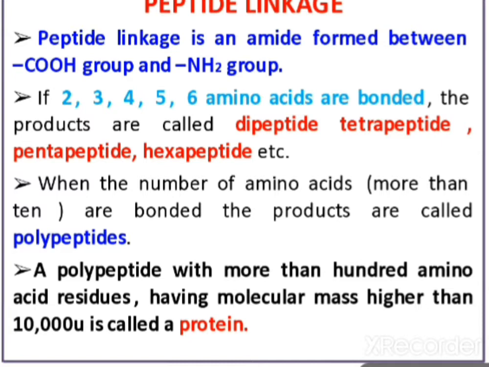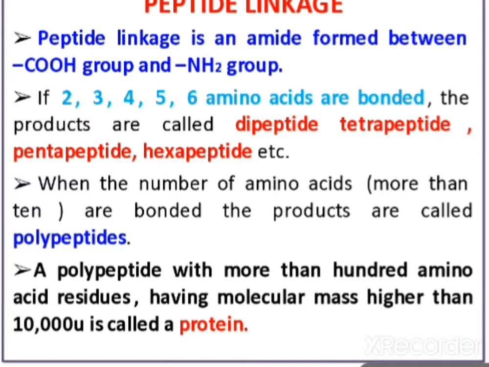So now here we are going to define protein. Proteins are made by combining amino acids, and the number of amino acids is more than 100, so the molecular mass will be more than 10,000 u. A very simple fact: if you hydrolyze a protein, then more than 100 amino acid molecules will be formed. So this is a protein.